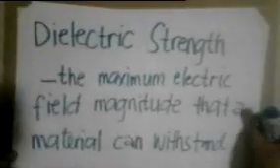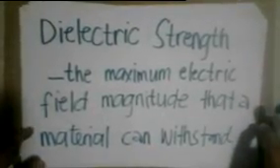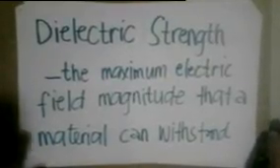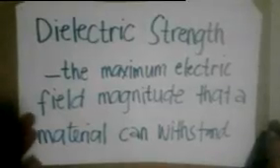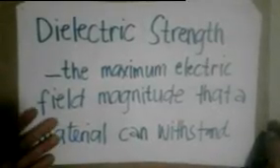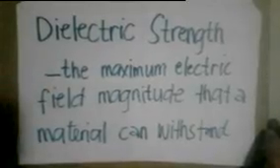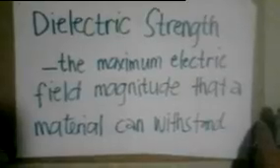Dielectric strength. Dielectric strength is the maximum electric field magnitude that a material can withstand without the occurrence of breakdown. This quantity is affected significantly by temperature, trace impurities, small irregularities in the metal electrodes, and other factors that are difficult to control.